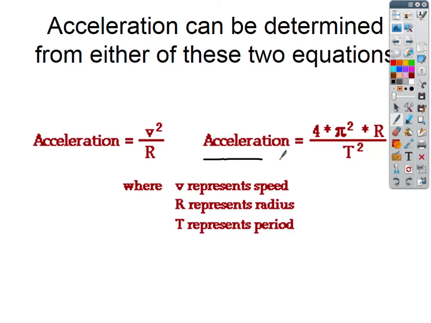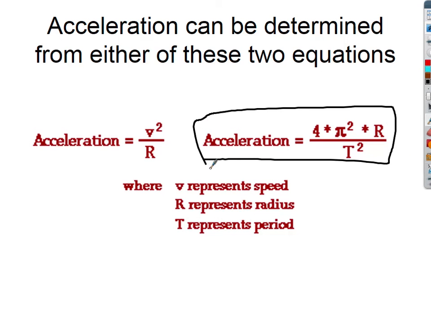This formula over here is just another way to write out acceleration. I don't give this one on a test sheet. Just understand what they've done here is they plugged in 2 pi r over t for velocity and squared it. And so this is 4 pi squared r squared over t squared.